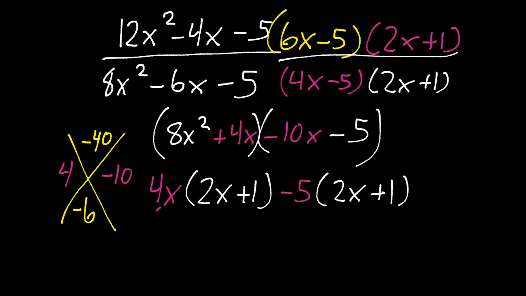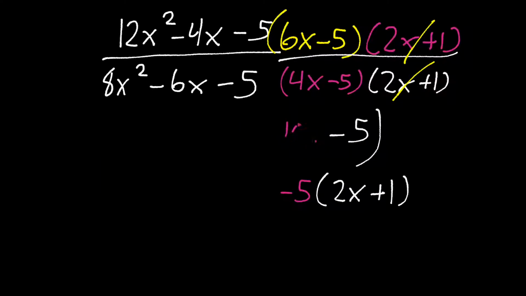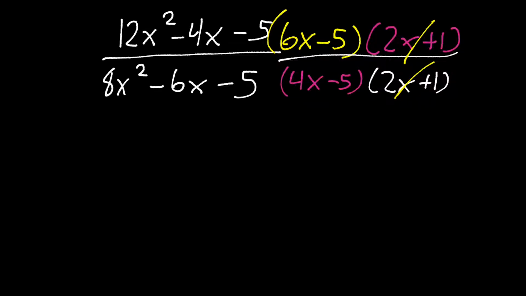But we still have to do a little bit of simplifying, because I can't just leave it like this. And hopefully we notice that this and that are exactly the same. So since both the numerator and the denominator have the same factor, these are going to go away. Which means our final form of the answer is going to be, let me erase all of these, 6x minus 5 over 4x plus 5.